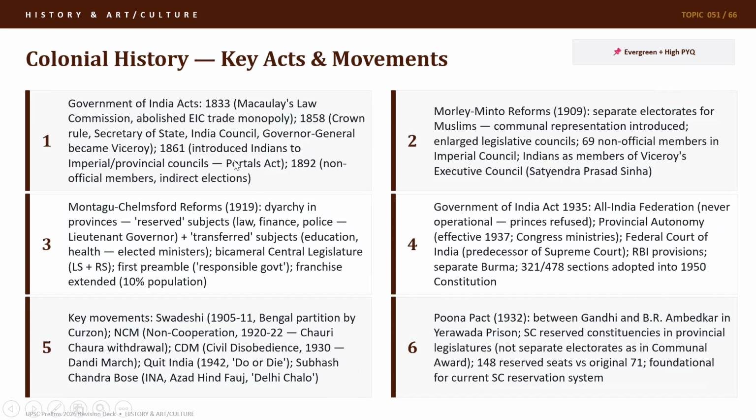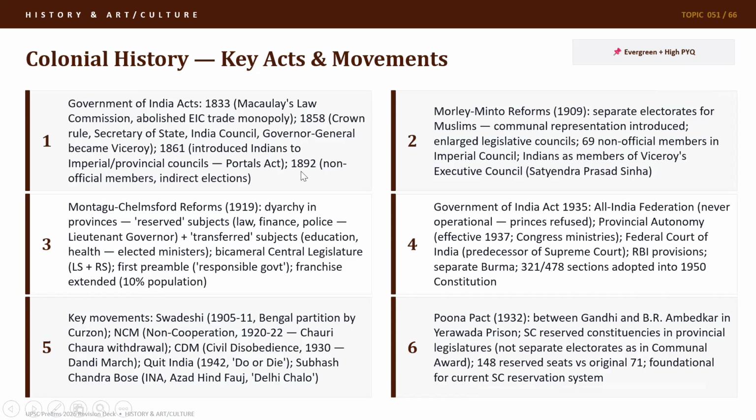Moving forward, we have the colonial history of key acts and movements. Government of India Acts. You should go through all these acts. My point is, you should not only know when these acts come, but also 6, 7 key points in each of those acts. For example, in 1833, Macaulay's Law Commission came, abolished EIC trade monopoly. 1858, Crown Rule, Secretary of State was given, Indian Council, Governor General became Viceroy. 1861 introduced Indians to imperial and provincial councils.